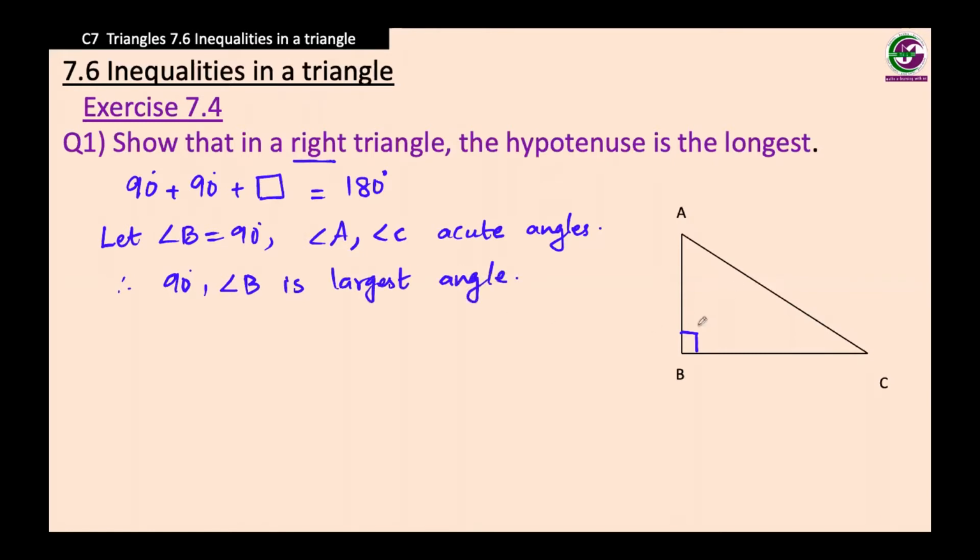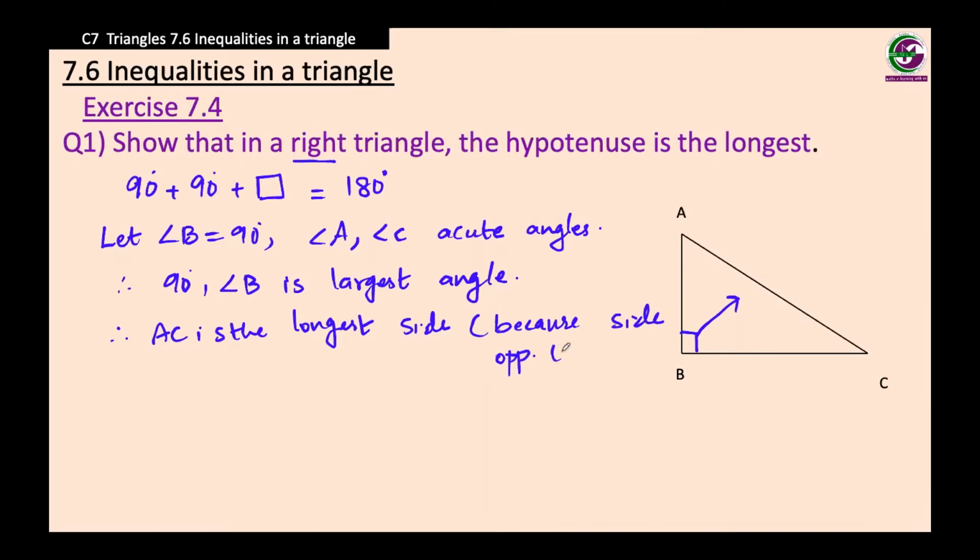And by the theorem we have seen, the side opposite to the largest angle is the longest. Therefore, AC is the longest side, because it is the side opposite to the larger angle.